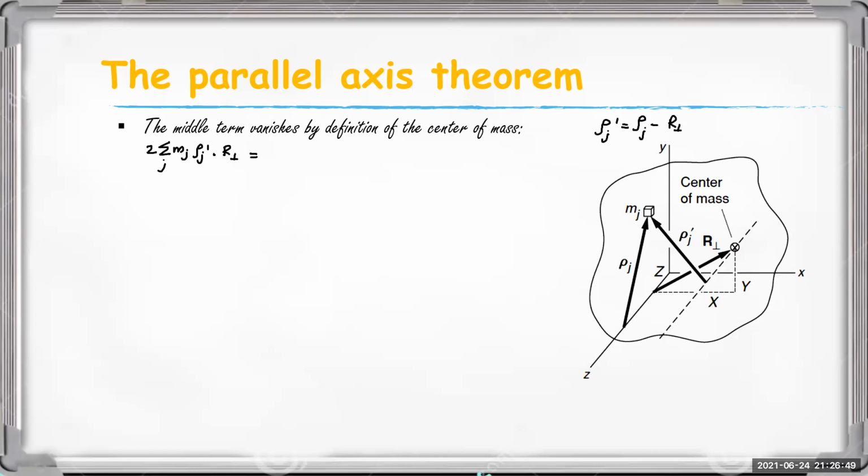Okay, so this is 2 into summation j mj. In place of rho j dash, we take rho j minus r perpendicular, dot r perpendicular.